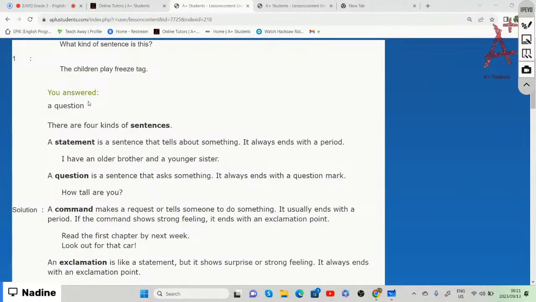Are they just telling us about something? Are they asking something? Are they making a request or telling us to do something? Or is the sentence showing surprise or strong feeling? What kind of sentence is this? The children play freeze tag.